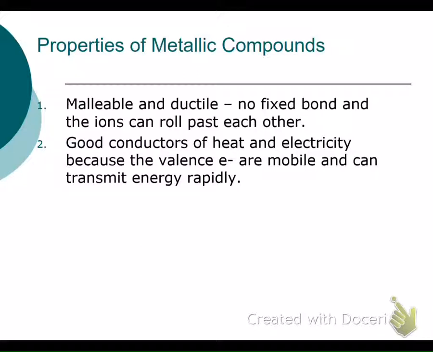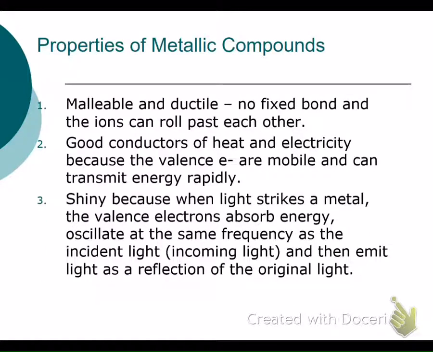That's what conducting is. If the electrons are locked into place, like in ionic bonds, then they couldn't go anywhere. We couldn't conduct. They're shiny because the electrons in that sea are free. When they absorb energy, they oscillate at the same frequency as light, and then they emit light backwards. It looks like a reflection, but it's really the electrons re-emitting some light.